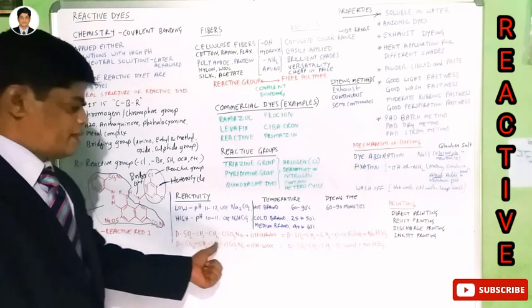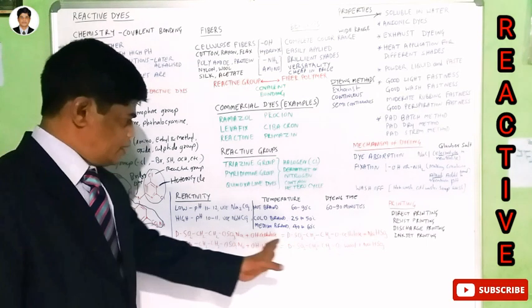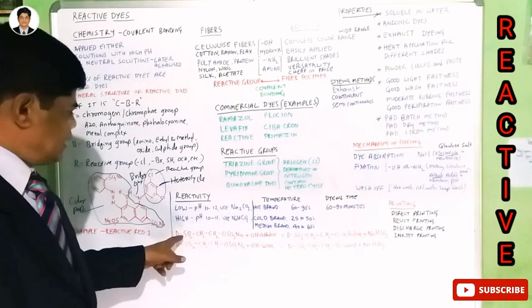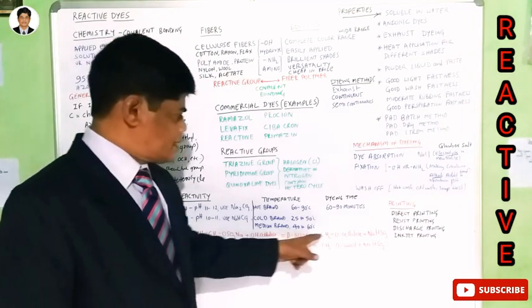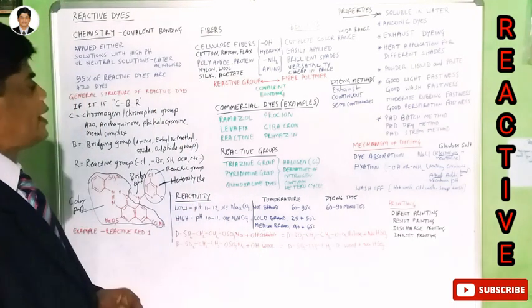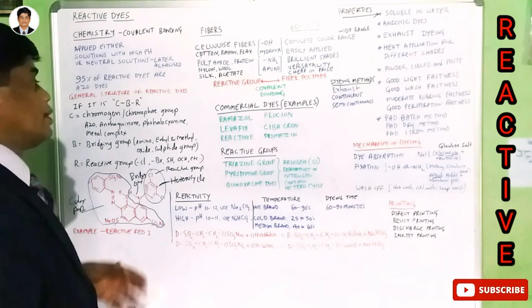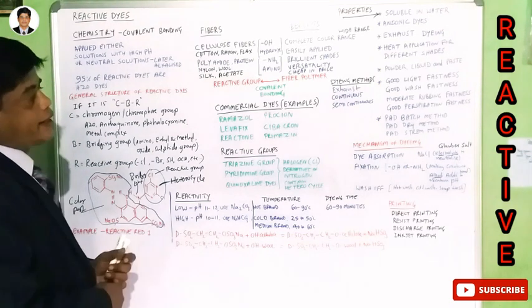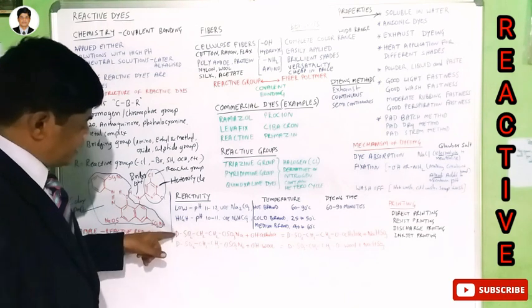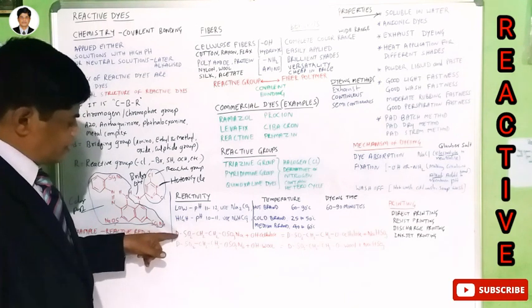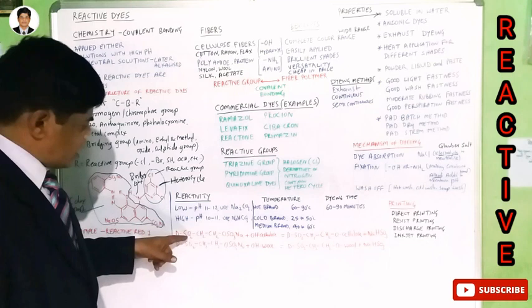And here one more thing: this is the chemical reaction that takes place, how the covalent bond forms, how the reactive dye reacts with the fiber. See, D is the dye.